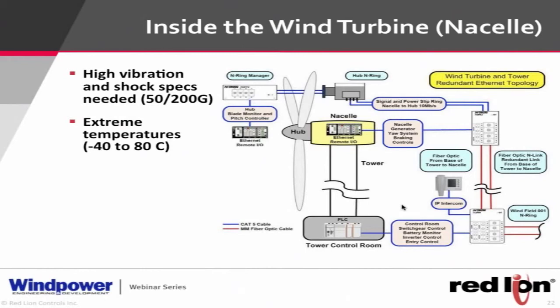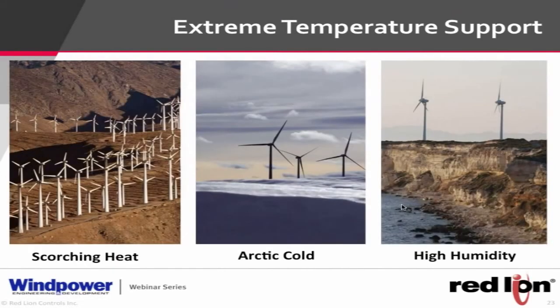So extreme temperatures, again, we have to match the product for the environment it's going to be in, and these things can be all over the place. They could be in the nacelle where it's very, very hot because of all the power being produced up there, but it could be in the base where it's very cold. It could be almost anywhere. And these towers can be anywhere. So you look at scorching heat, the Arctic cold, humidity.